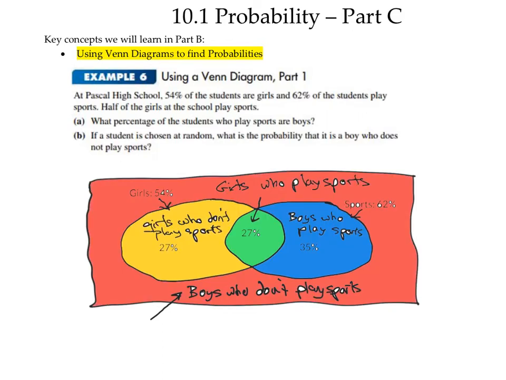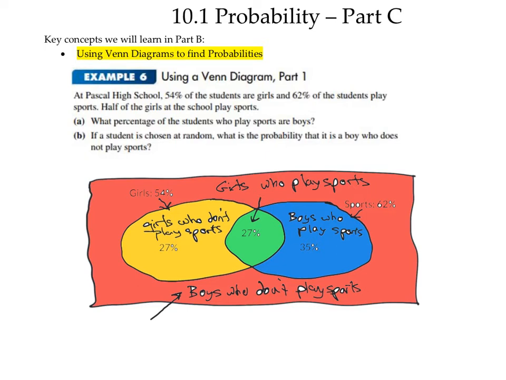We can see now that the entire region is made up of four separate zones. The yellow zone, girls who don't play sports and are 27% of the student body. The girls who do play sports, 27% also of the student body. Boys who play sports, 35% of the student body. So what's left in the red zone would be non-sport playing non-girls, in other words, boys who don't play sports.